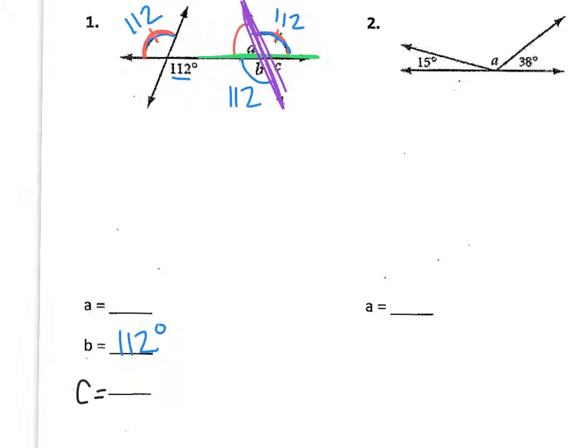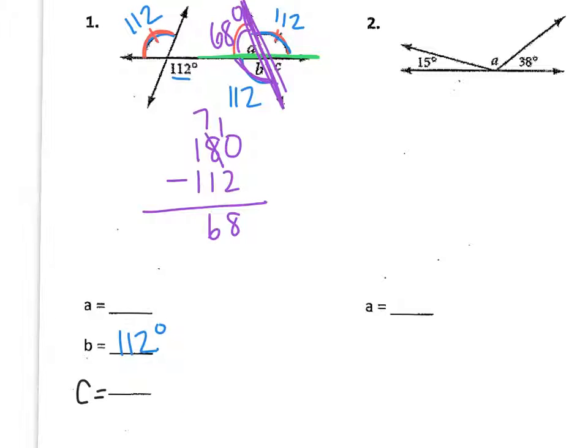So if I know angle B is 112, and a straight line is 180 degrees, then 180 minus 112 will give me what's left over for angle A. I do this problem, and I get 68. So angle A must be 68 degrees.